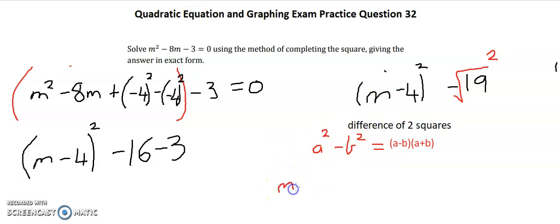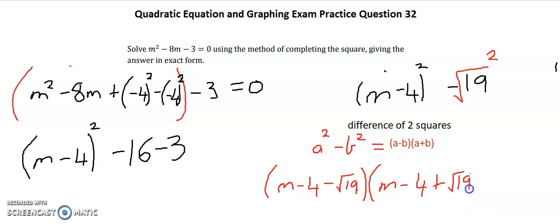So I've got m minus 4, take away my b, square root of 19. That is in one bracket. And then I've also got in the other bracket, I've got my m minus 4, and I'm adding b, adding the square root of 19. And there we have it.